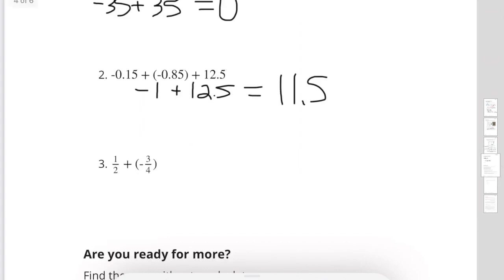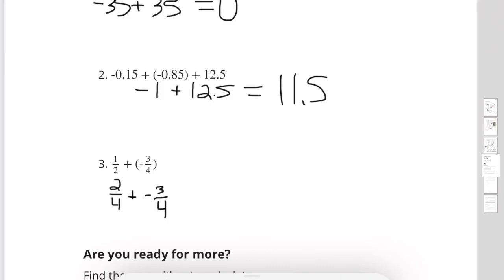Number 3, I have 1/2 plus negative 3/4. Before we can add fractions, we must have a common denominator. So I know that for 2 and 4, I can use fourths. So 1/2 is the same thing as 2/4. So 2/4 plus negative 3/4.